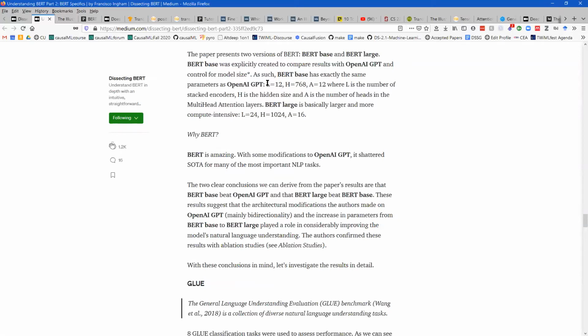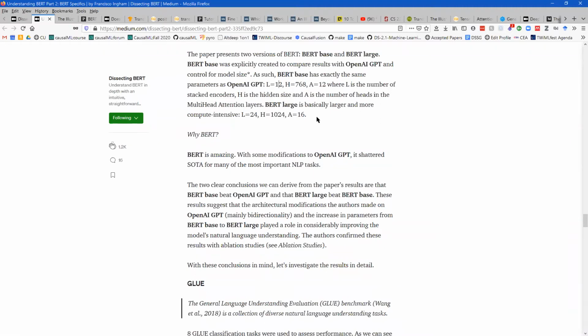We saw that in the original transformer model. I think they used 8 of these, and maybe 512 as the size of the hidden layer, and I don't remember the number of stacked encoders. If anybody remembers the number of stacked encoders in the original transformer model, just for comparison.